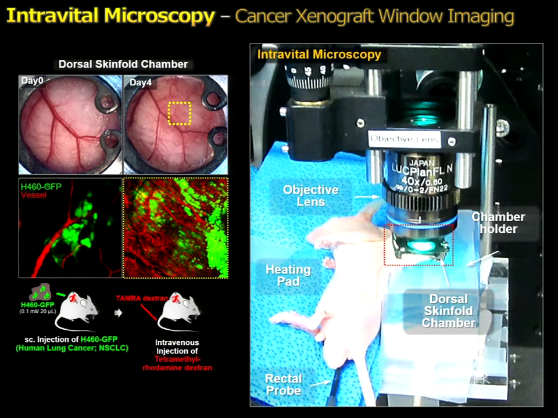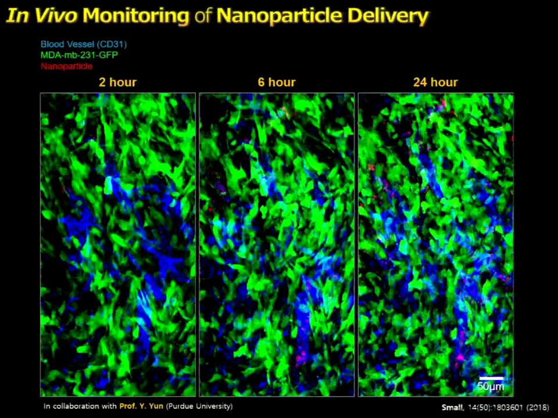In this example, we expose the subcutaneous tissue and seal it with the cover glass. In the middle, we inject the GFP-expressing cancer cells and observe how they grow and how they respond in in vivo conditions. And this is the data.